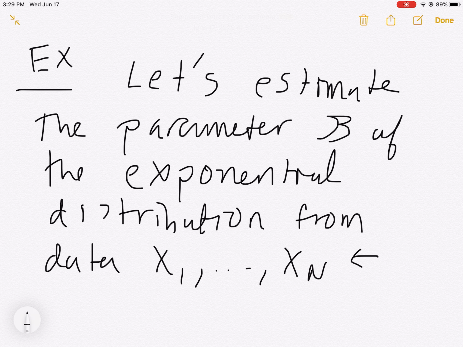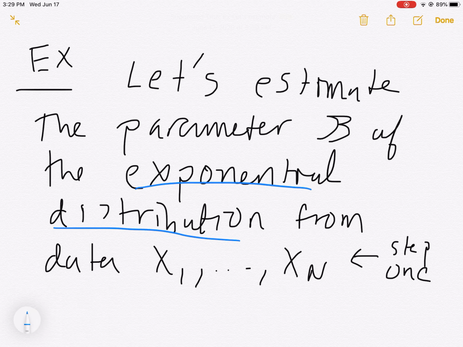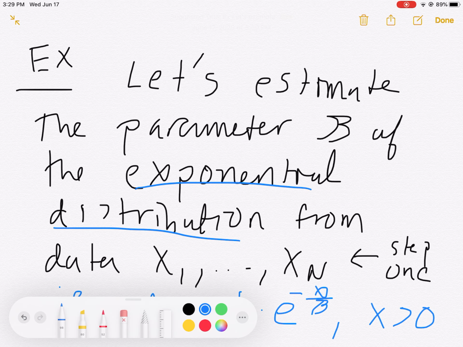So this is step 1 in each case. By the way, the exponential distribution right here means this: f of x is going to be 1 over beta times e to the minus x over beta, for x greater than 0.